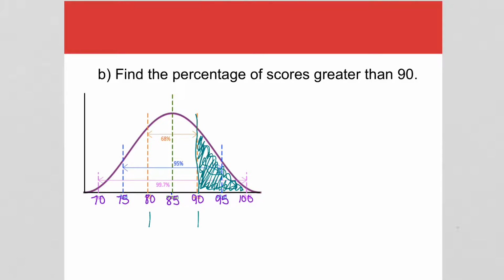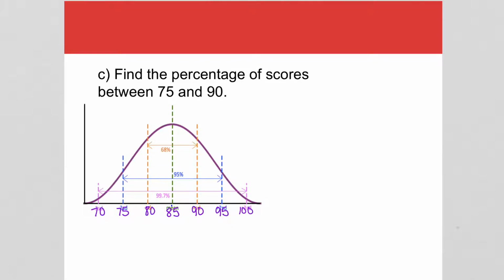So if we subtract 68 from 100, we get 32. So to the right of here and to the left would be 32% of the population. But we want just to the right, so divide it by 2. 16% of the population has scores greater than 90.